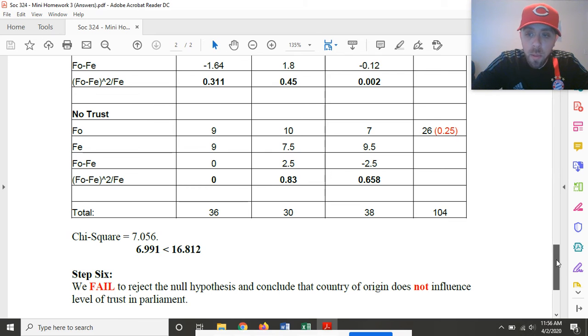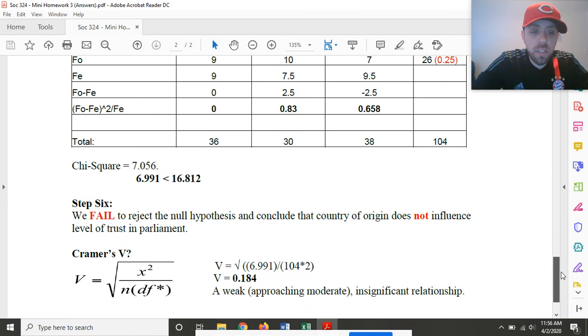Well, I hope everybody remembered to heed my instructions of calculating Cramer's V. You were asked to calculate the strength of the association regardless of whether or not you had a significant finding. So Cramer's V equals the square root of chi-square divided by n times degrees of freedom, where that df is r minus 1 or c minus 1, whichever is smaller.